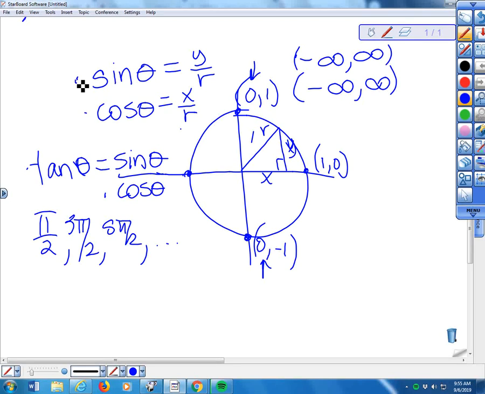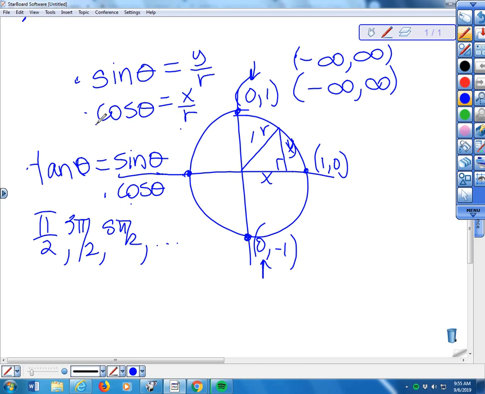Cotangent and cosecant have the same domain. With me still? Yeah, that's right, because cosine's on the bottom for secant. Tangent and secant, cotangent, cosecant.